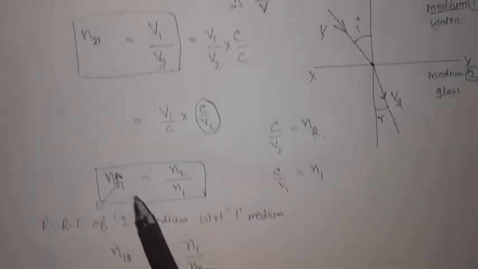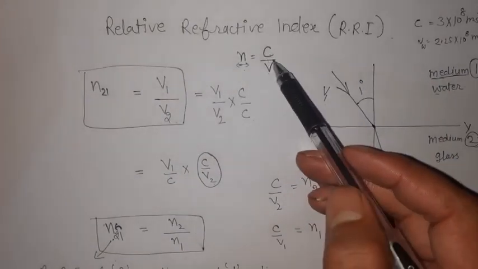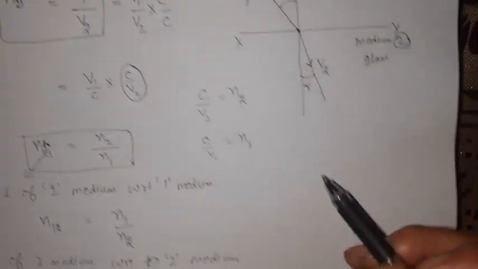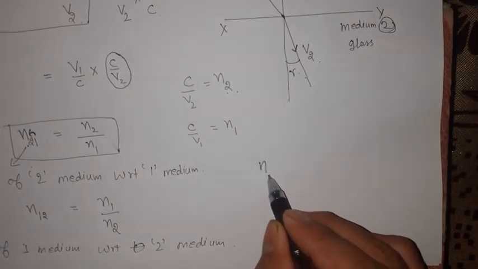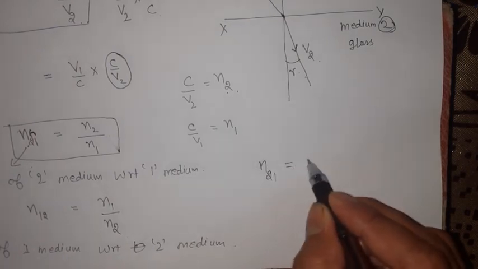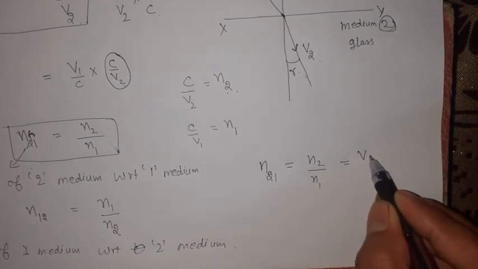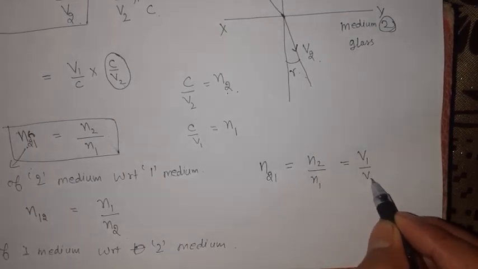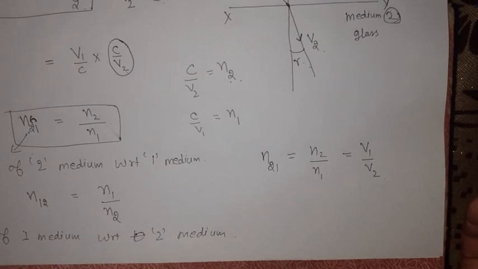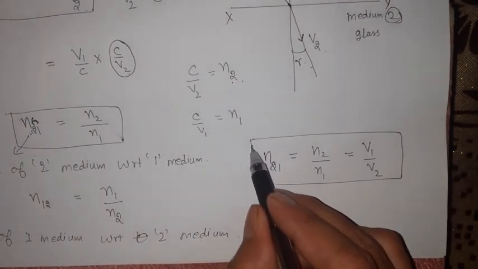Okay, so thus we come to know over here relative refractive index. So what is this relative refractive index, student? So you can now use this formula, that it is the ratio of the refractive indices, or it is the ratio of the speeds in the two media. Okay, so this is said to be relative refractive index.